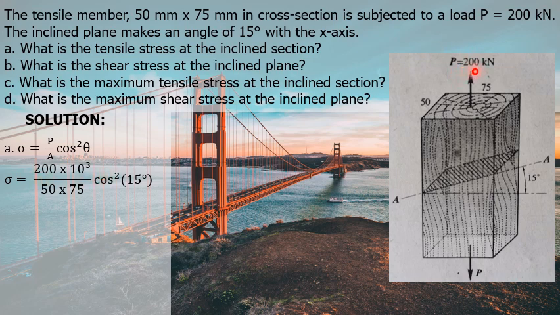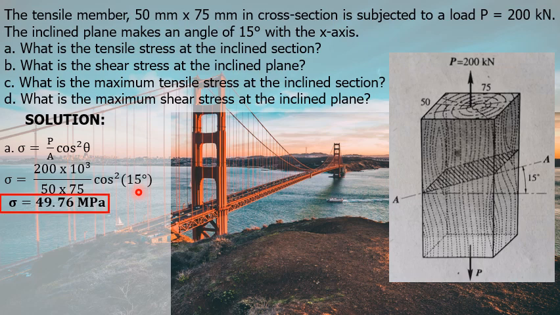We converted kilonewtons into newtons by multiplying by 1000, because in 1 kilonewton, there are 1000 newtons. Our A is simply 50 by 75 square millimeters, and our theta is 15 degrees. Bring out your calculators and compute for the tensile stress. The tensile stress you should get is 49.76 megapascals.